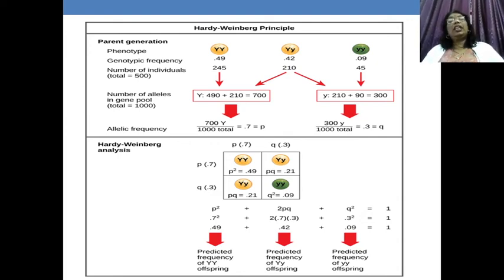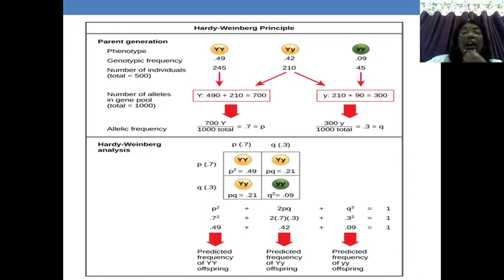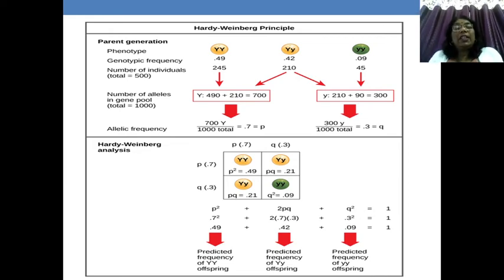It is the same in the capital YY system, while in the small yy system it is 0.9. Then in Y we see 490 plus 210 is equal to 700. In the second, 210 plus 90 is equal to 300, and this is the number of alleles and genes having their peculiarity.